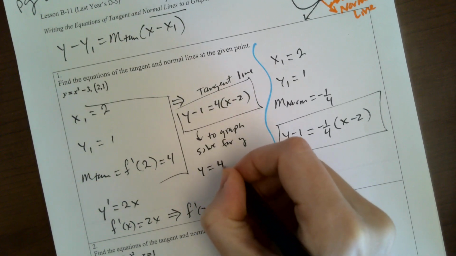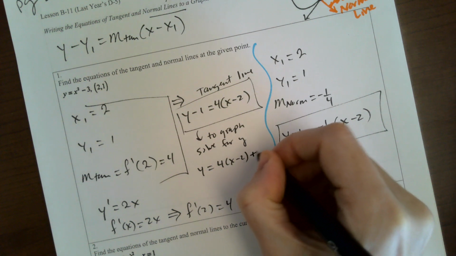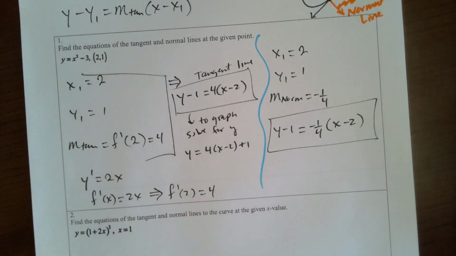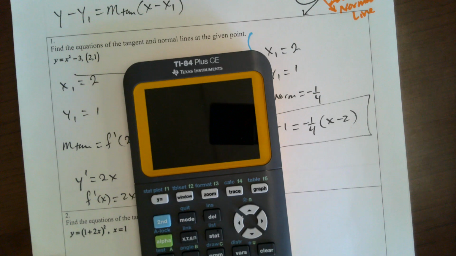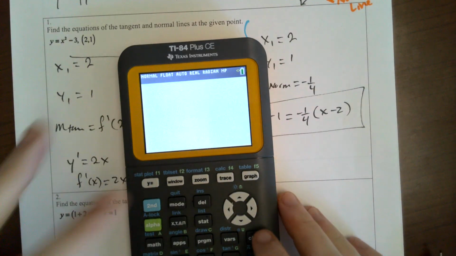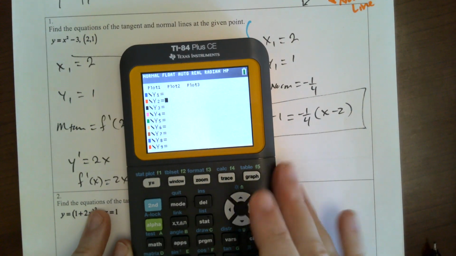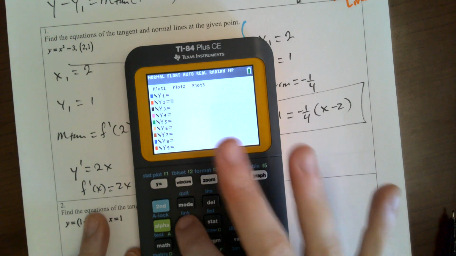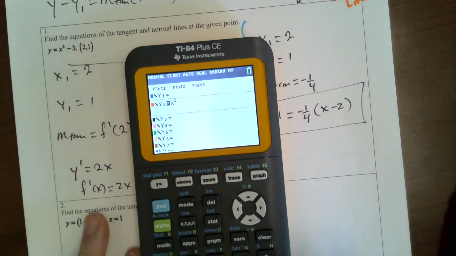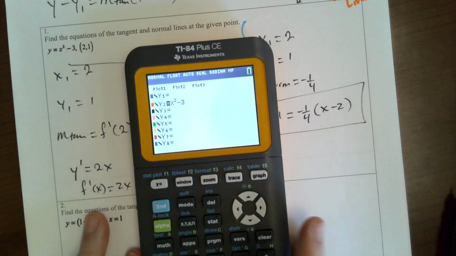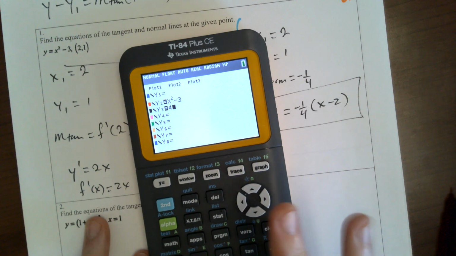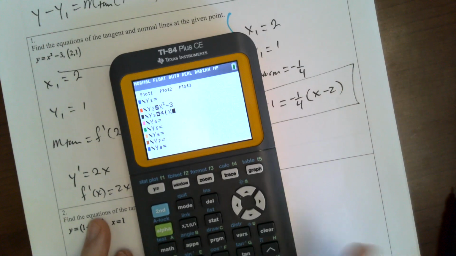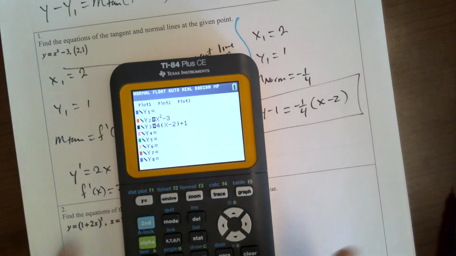So you have y equals 4 times x minus 2, plus 1. So let's just graph the original just to see what it looks like. Let's graph the original and the tangent line. So x squared minus 3. And then our tangent line, 4 times x minus 2, plus 1.